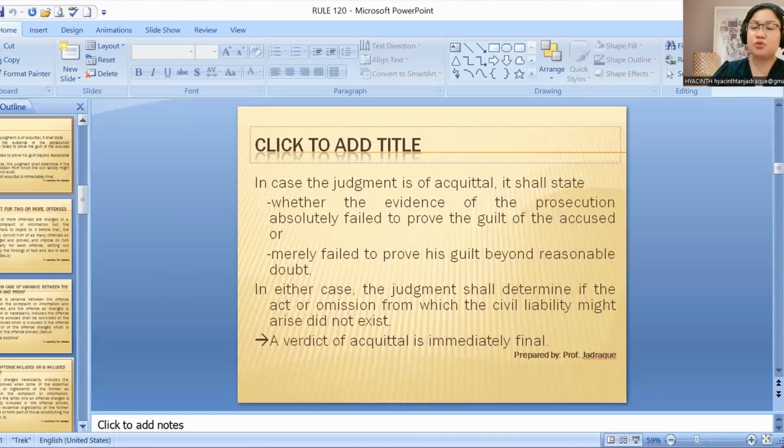The only exception is that you can appeal as far as the civil liability, if any. Okay, but as to the criminal aspect, you cannot appeal. To do so would violate the right of the accused against double jeopardy. You can have more on it when we reach appeal. That's why it is immediately final.